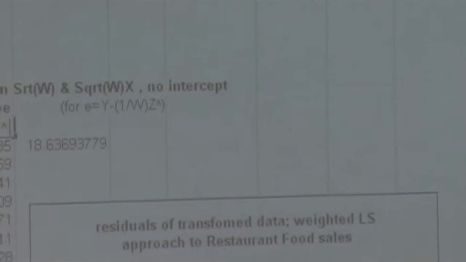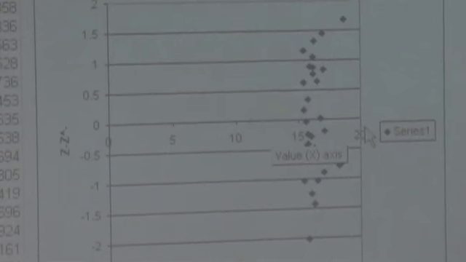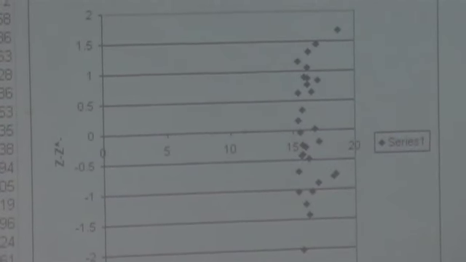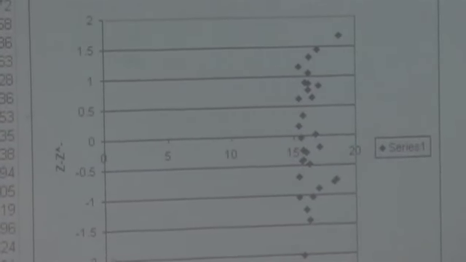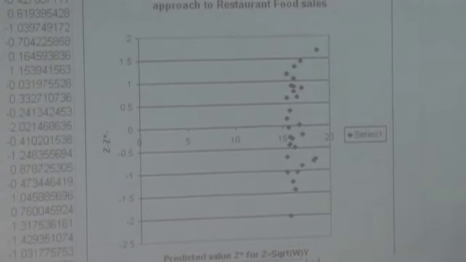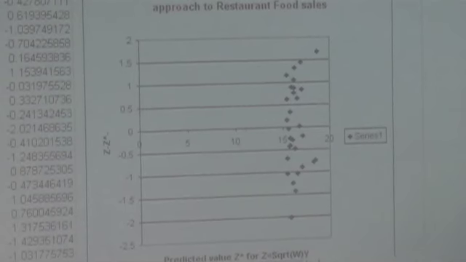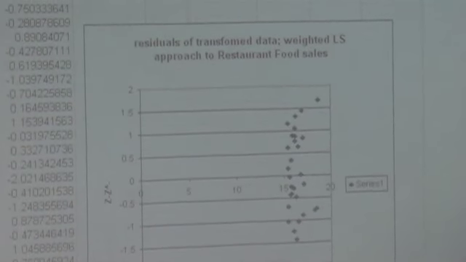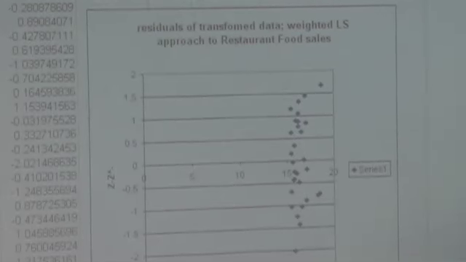All right. Those are the residuals, and I guess they look okay. Now they look a little different in the book because they've only got them plotted from 15 out to 20. Okay. For the predicted value, the predicted value is between 15,000 and 20,000 for the transformed income.